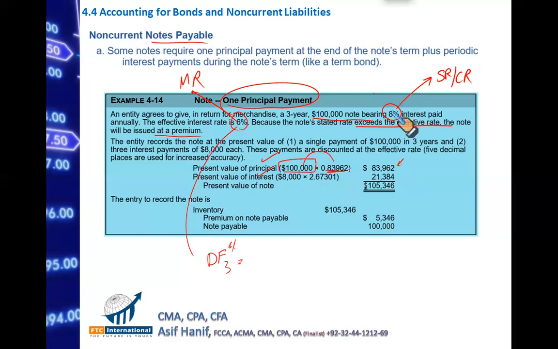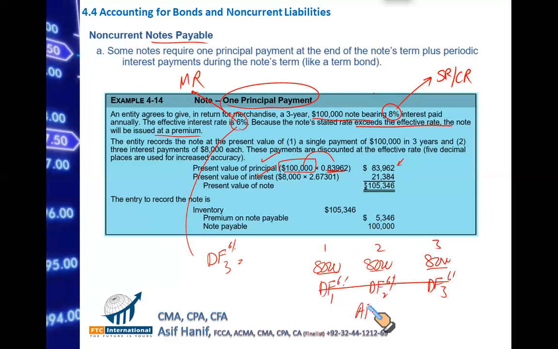At the same time, I will also be making interest payments in year 1, year 2, and year 3 at the rate of 8% of $100,000, which is 8,000 in each year. I need to bring these 3 cash flows into present terms. Instead of multiplying them with the discount factors for year 1, year 2, and year 3 at 6%, I can simply use an annuity factor for 3 periods at 6%, which is 2.6730.